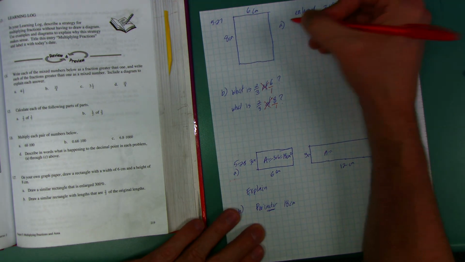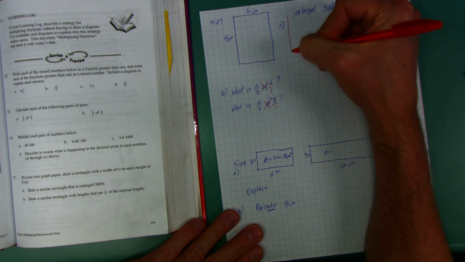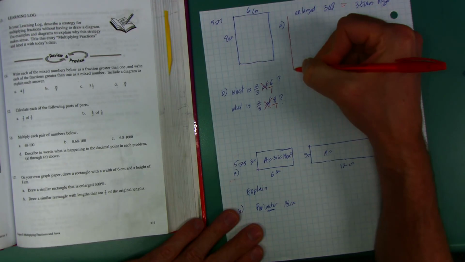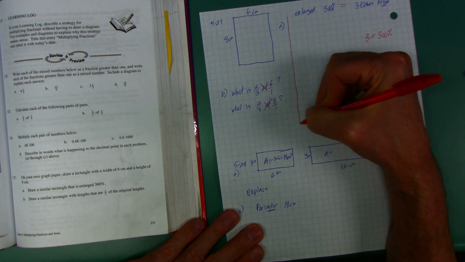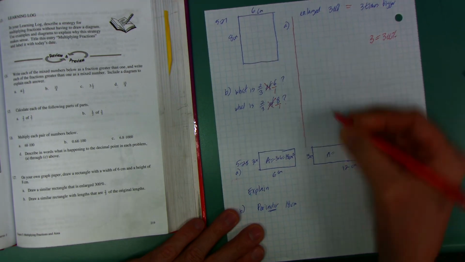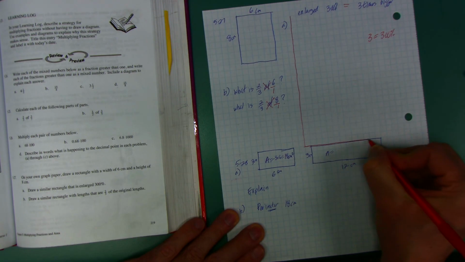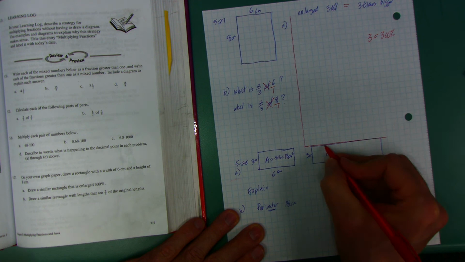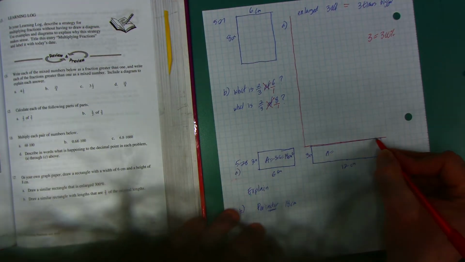Now, do I have that much room? 2, 4, 6, 8, 10, 12, 14, 16, 18, 20, 24. Oh my goodness, I'm going to be on top of this other rectangle. Oh, but I got to figure out what 18 is, huh? 3, 6, 9, 12, 15, 18.